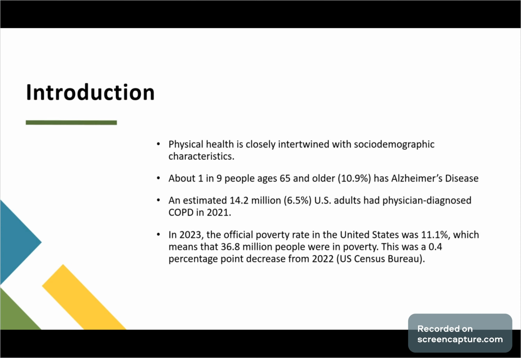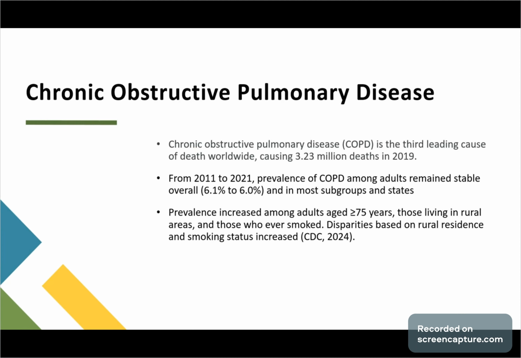And in 2023, the official poverty rate was 11%. I don't know if you knew, but that's quite a high percentage of poverty. Even though that has slightly decreased, that's still a public health problem.